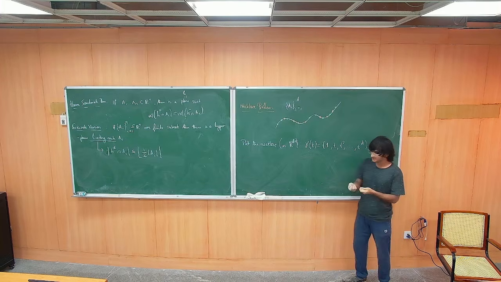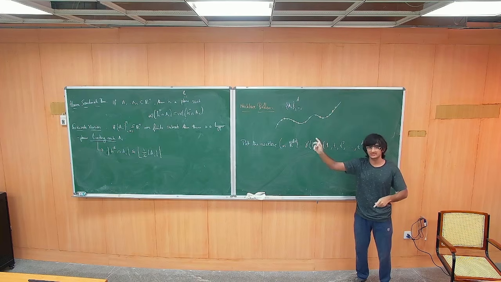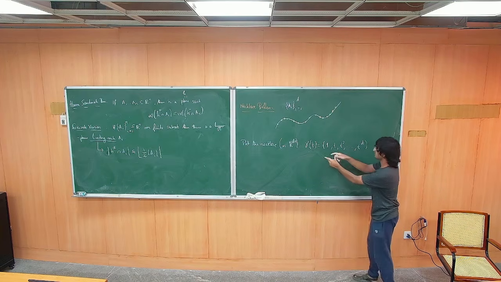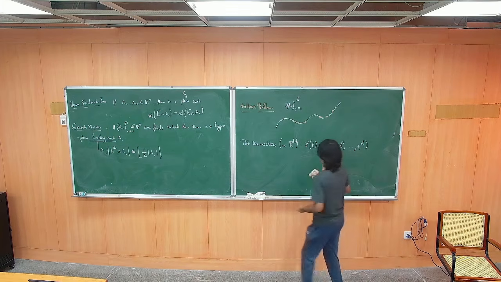So it's just a function from the closed interval [0, 1] to wherever I'm living. So I'm just taking t and assigning it, okay, this is the point you go to. The beads are placed only on integer values.